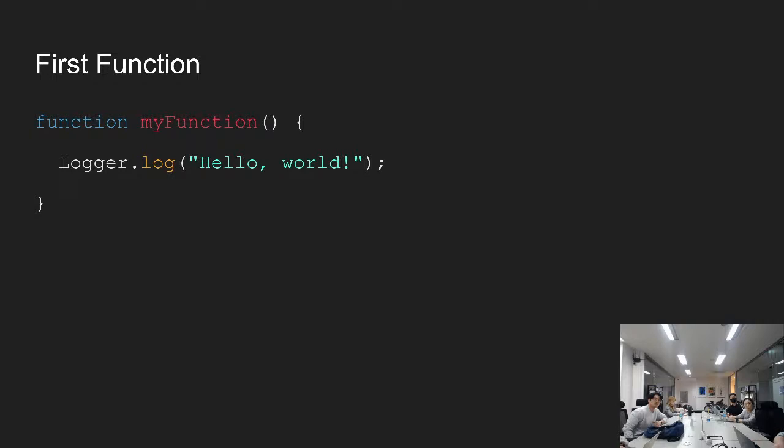Your function is how you start any type of new action that you want to happen inside of Google Apps Script, something you want to be able to call within the script itself. So just do function myFunction, Logger, which is how you interact with the log. It'll put it out to the terminal inside the developer. I'm just going to output hello world.